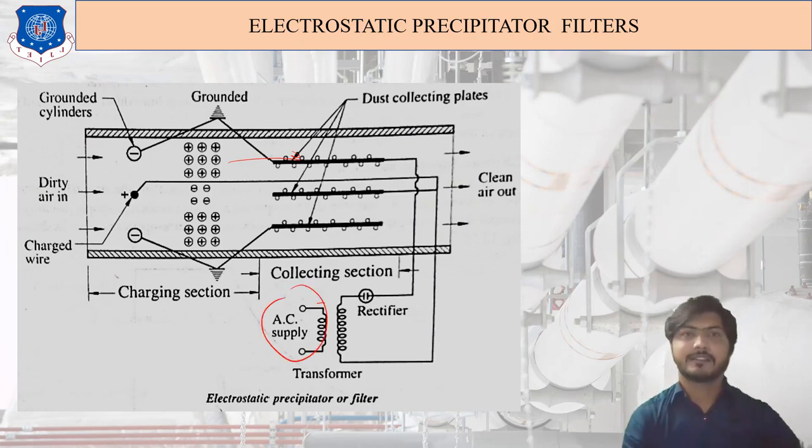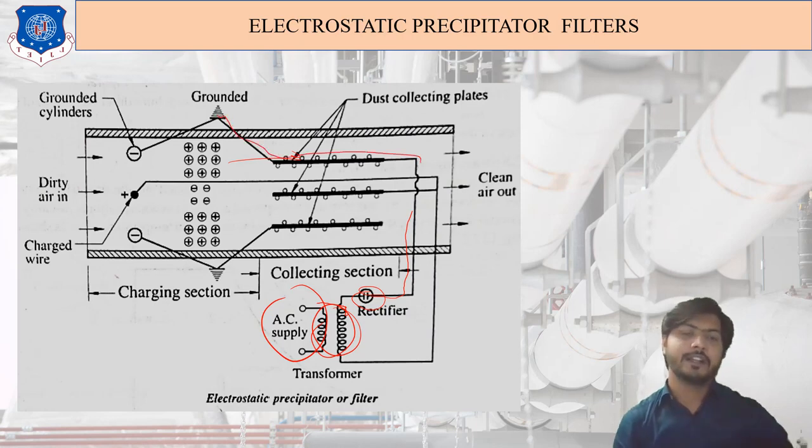The AC supply is transferred to a rectifier, which converts it into DC, and a transformer is used to increase the voltage. This is our negative plate, which is grounded and connected to the negative supply. This is our positive supply with positive plates.